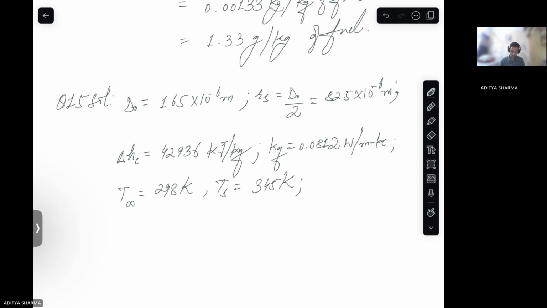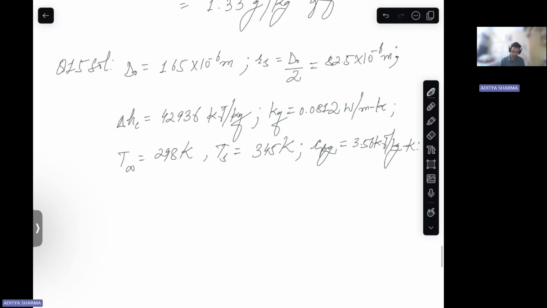Then your gas phase specific heat is 3.56 millijoule per kg Kelvin. Then your HFG is 241 kilojoule per kg.